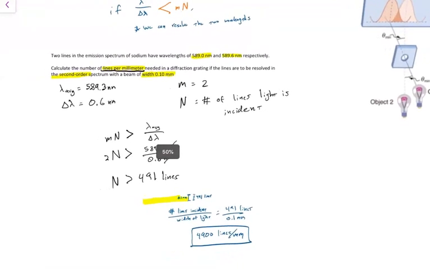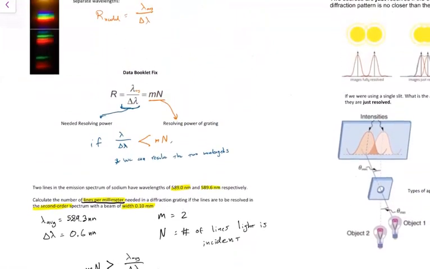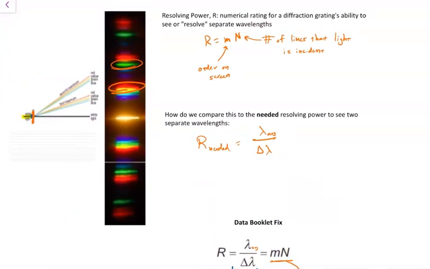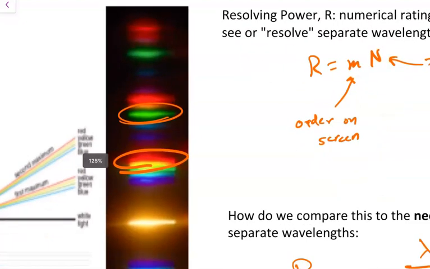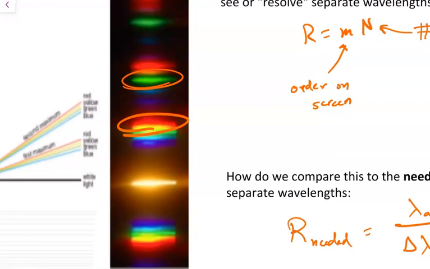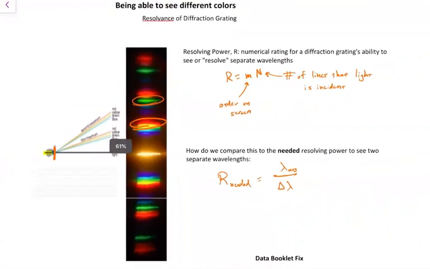Okay, so using a diffraction grating, depending on how many lines per millimeter there are and how many orders we are looking at, the higher the orders, the easier for it to be observed, and the more lines, the easier for the wavelengths to be observed as well. We can determine how strong we need our diffraction grating to be to resolve two wavelengths.